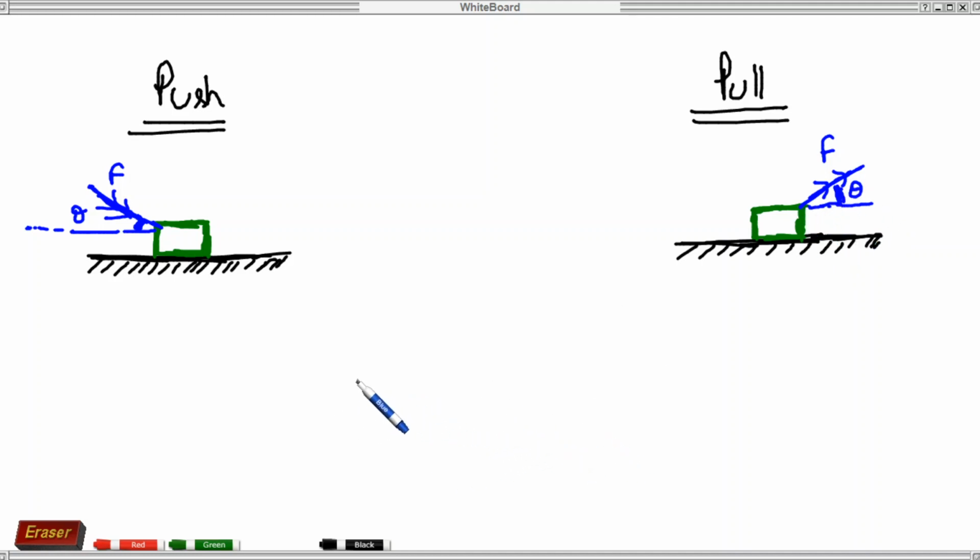Since both the blocks are of mass m, one mg force will be acting downwards. Here also mg force will act downwards.